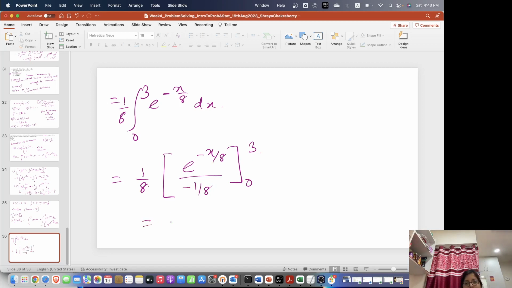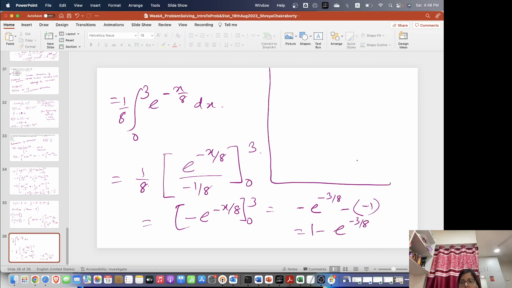So this will cancel. We will have minus e to the power minus x by 8, from 0 to 3. So it is minus e to the power minus 3 by 8, minus of minus 1. So this is 1 minus e to the power minus 3 by 8.